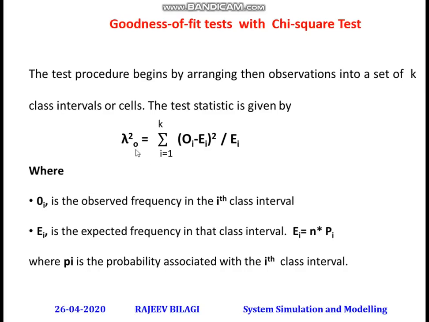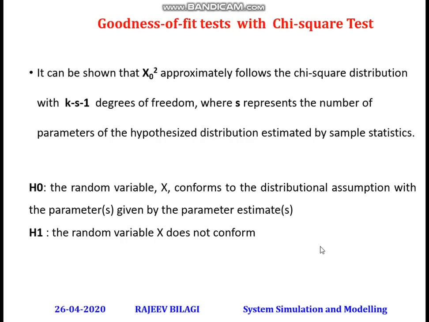Here lambda naught square equals sigma from 1 to k of (oi minus ei) whole square divided by ei, where oi is the observed frequency in the ith class interval and ei is the expected frequency in that class interval. Here ei equals n into pi, where pi is the probability associated with the ith class interval. How to find this probability, we will see.